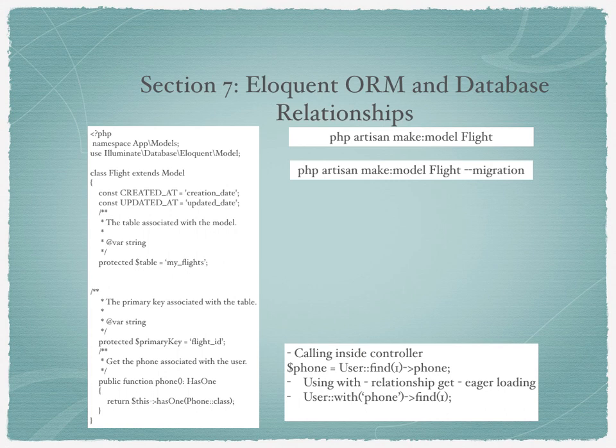It calls the phone relation with the user table, and this is eager loading. In one query it will not differ, but if we use User with phone and then get, it will give a huge advantage. Eloquent is also a very big topic, we should cover it next.